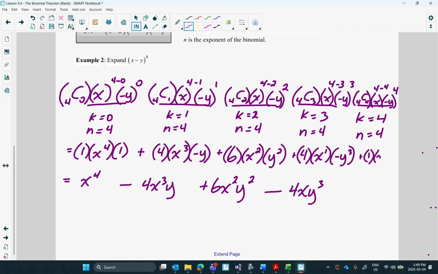X to the 0. And negative y to the 4th is just the same as y to the 4th. So plus, well, x to the 0 is just 1, right? So it's 1 times y to the 4th, which is that. Okay?